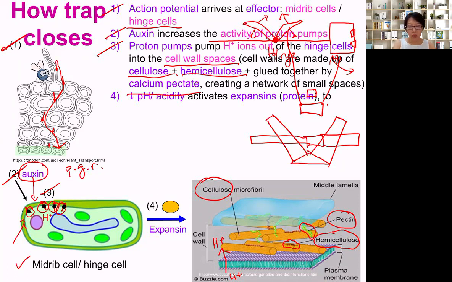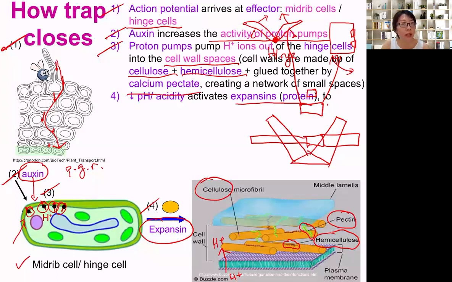This in turn will activate a protein called expansin, number 4. This decrease in pH activates a protein called expansin. If you look at this word, expansin causes something to expand, to increase in length and size. So what it does is it helps the cell wall to be able to expand.